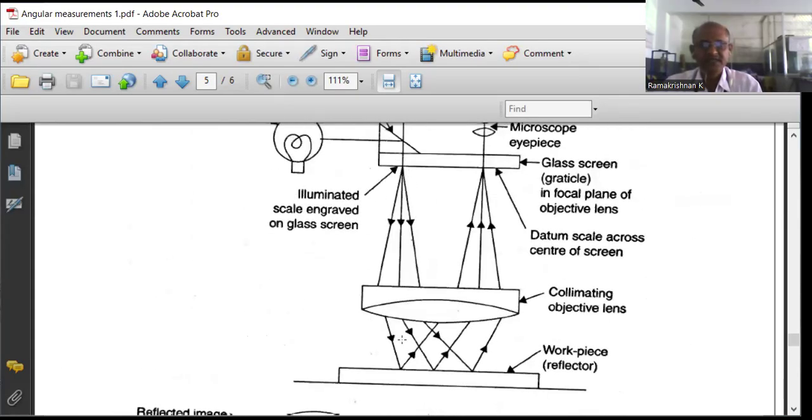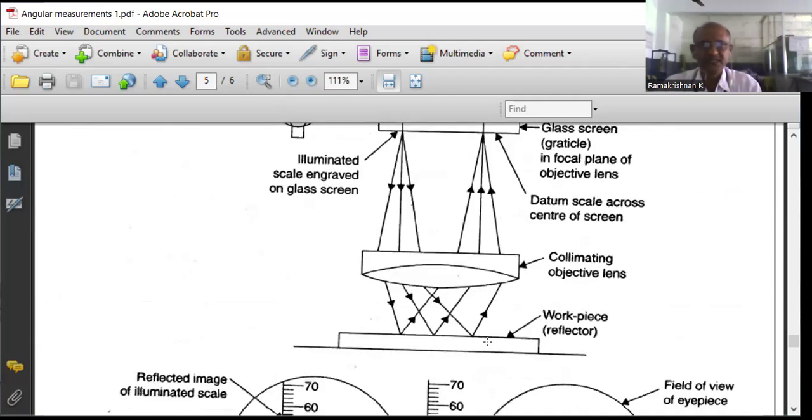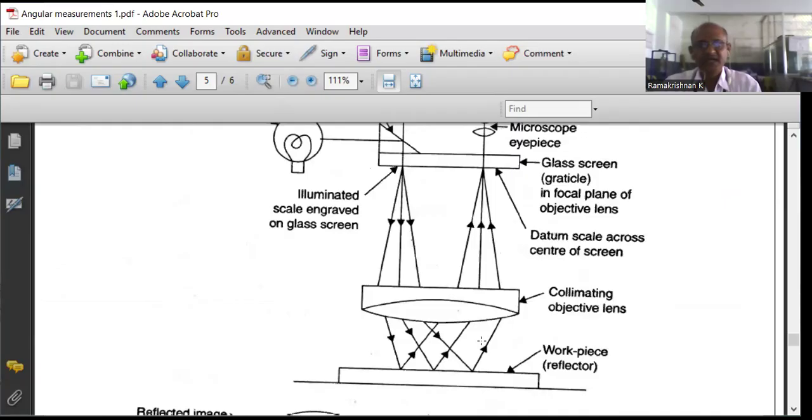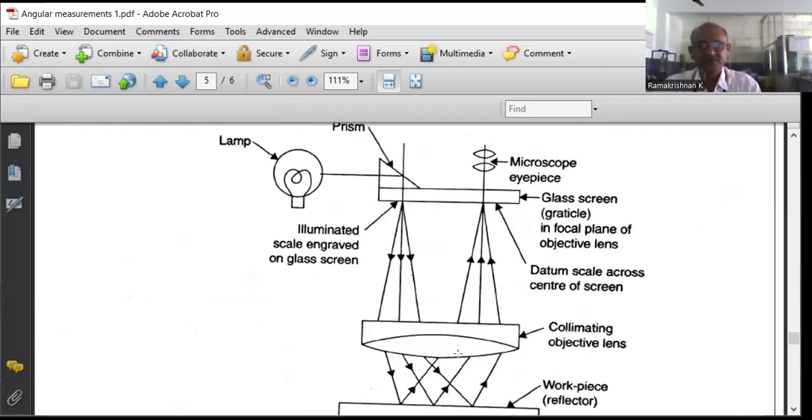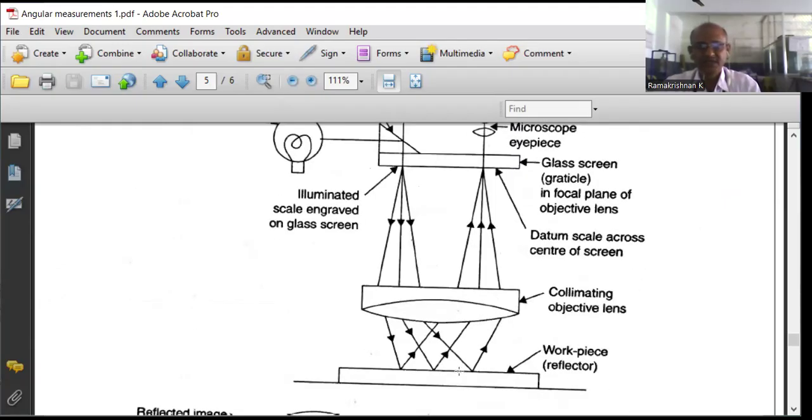Now in the next trial, we first have the reading without the workpiece. Now the workpiece, for which the angular measurement is to be done, is kept on the base. The light rays pass through the collimating lens and fall on the workpiece.